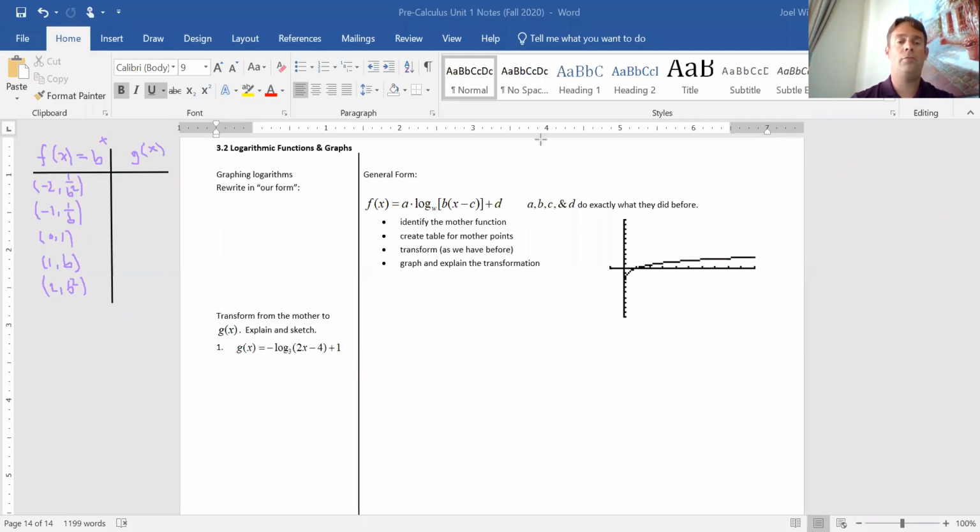Then from there, we looked at the graph of it. And we said that for each of these functions, if the base was a positive number, it was exponential growth. If it was between 0 and 1, it was exponential decay. But ultimately, they had some form of looking like this.